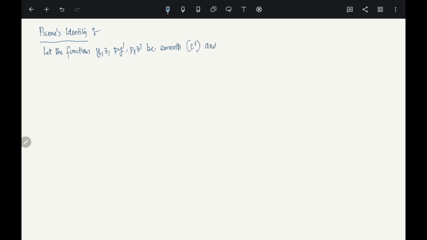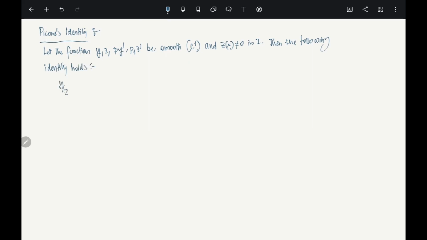And z of x is not 0 in I. I is some interval, you can put any interval you want, it doesn't matter. Then the following identity holds. Okay, let's look at what is the following identity.